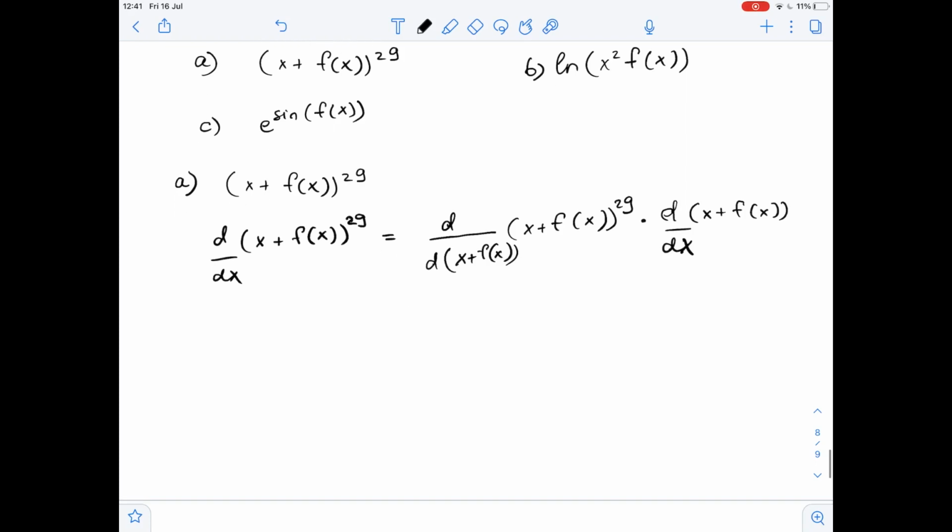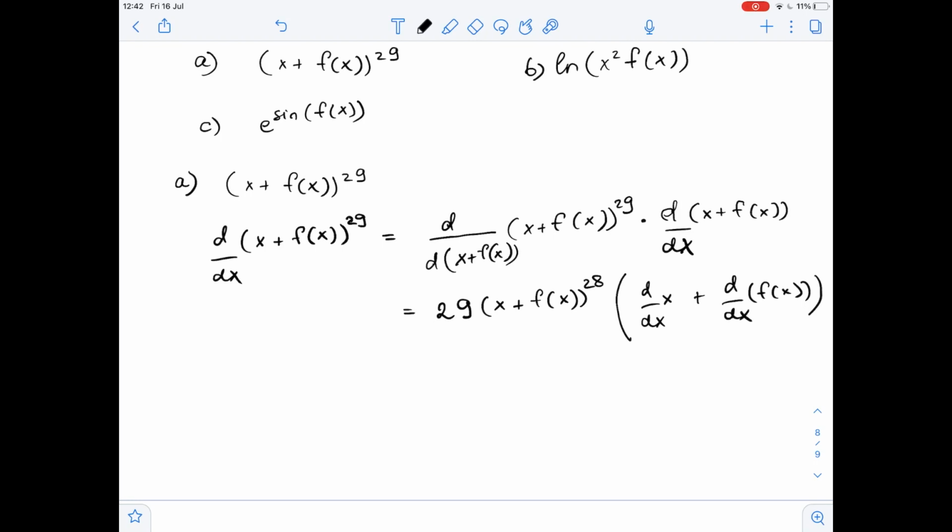This equals 29 times x plus f of x to the 28th power multiplied by the sum of the derivatives of x with respect to x and of f of x with respect to x.